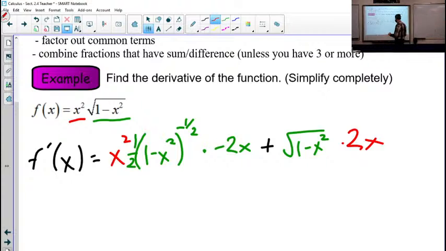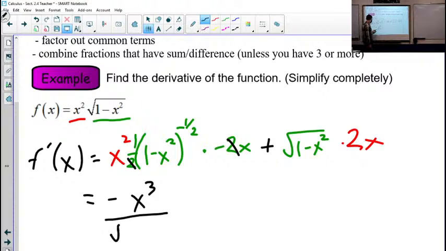So let's do a little bit of simplifying here. We can do quite a bit of simplifying, but I'm just going to keep it to the bare bones. These 2's are going to cancel. I'm going to say x squared times x. It's going to be a negative x cubed. And then I'm going to put that over my square root of 1 minus x squared.